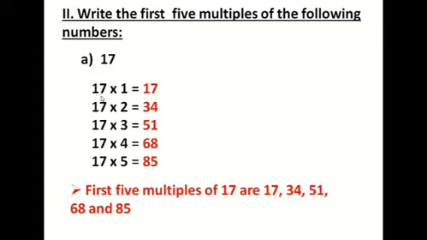Yes. So here 17 ones are 17, 17 twos are 34, 17 3s are 51, 17 4s are 68, 17 5s are 85. So 17, 34, 51, 68 and 85 are the first 5 multiples of 17.